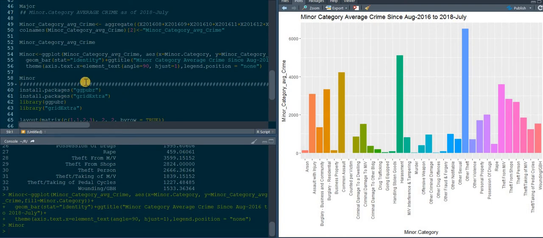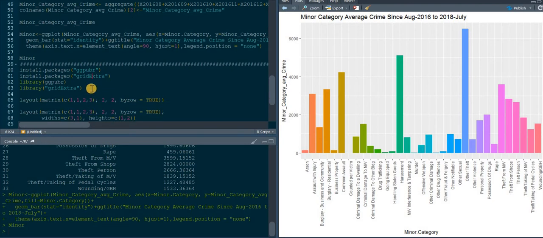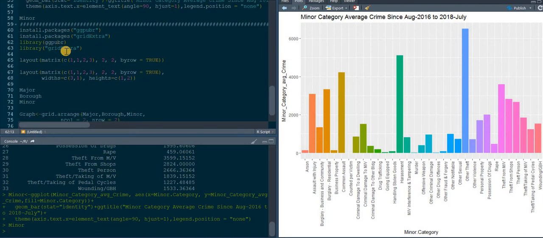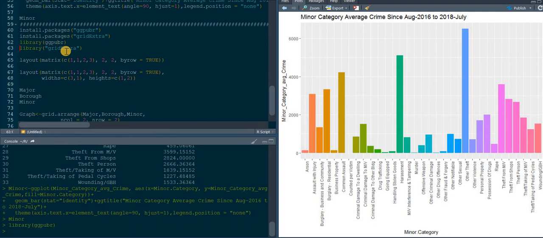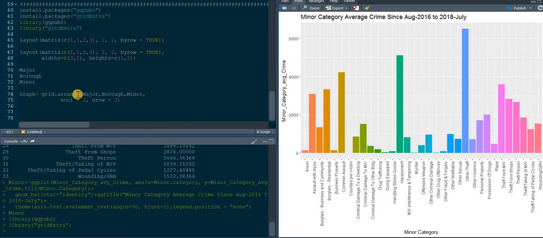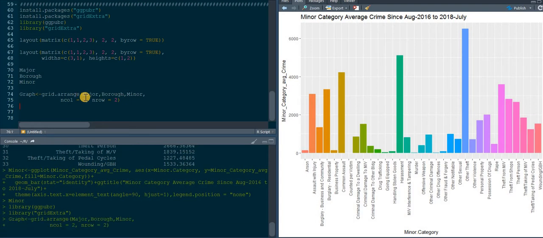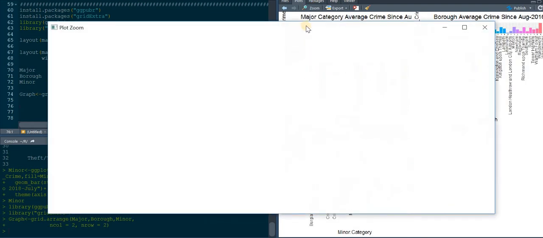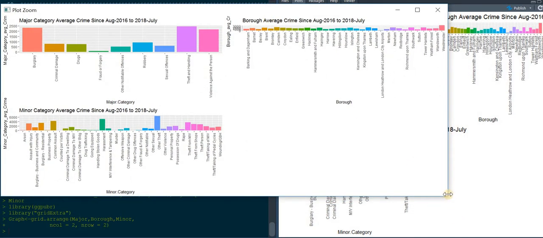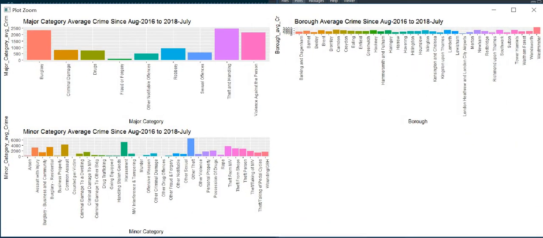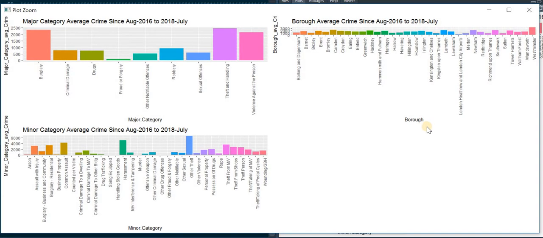If you want to see these three graphs on the same page, you need these two packages installed, ggpubr and gridExtra. Then call those packages. Don't worry about this, I was trying to play around with it, but if you assign that and plot it, it should produce nice graphs on the same page.